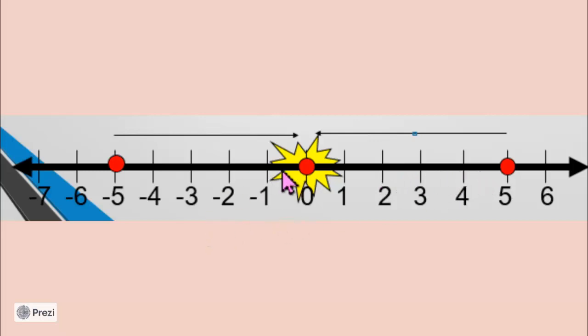And how many units is negative 5 away from 0? 1, 2, 3, 4, and 5. So that's why the absolute value of negative 5 is 5. The same is going to happen if I ask you what is the absolute value of negative 3. This means how many units negative 3 is away from the origin, which is 0. You will find the absolute value of negative 3 equals 3.